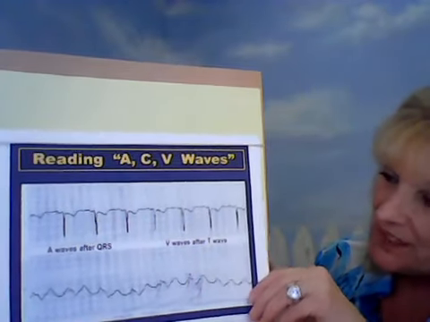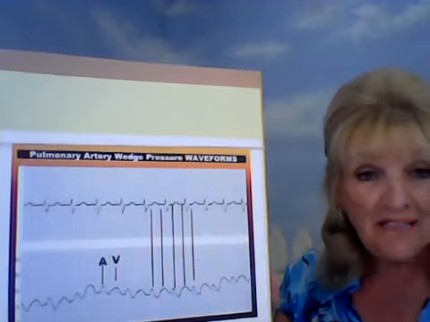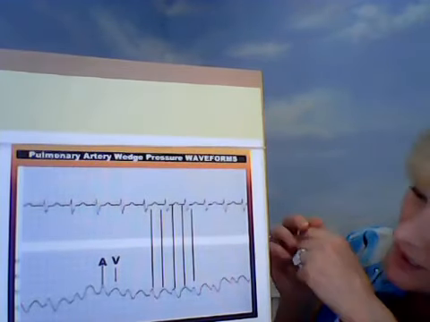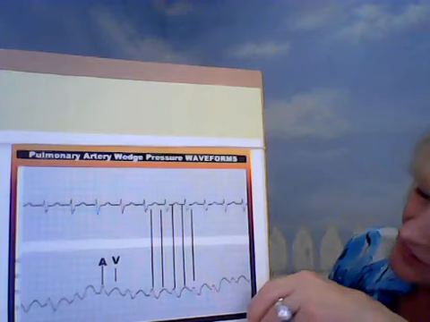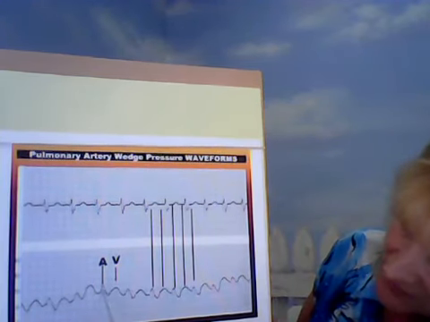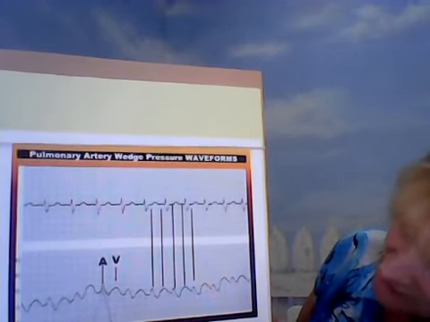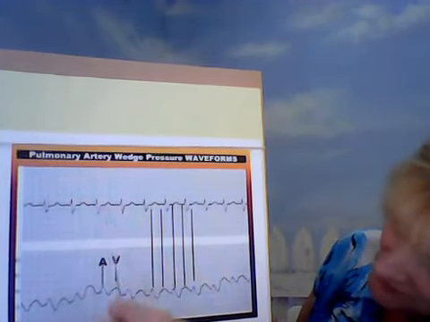So again, the A wave is found right after the QRS. And you take the mean of the A wave in order to get a wedge. And this is just one last shot of A waves and V waves. This is an A wave. Now really these all look very similar, but this is an A wave. How do I know? It's right after that QRS.